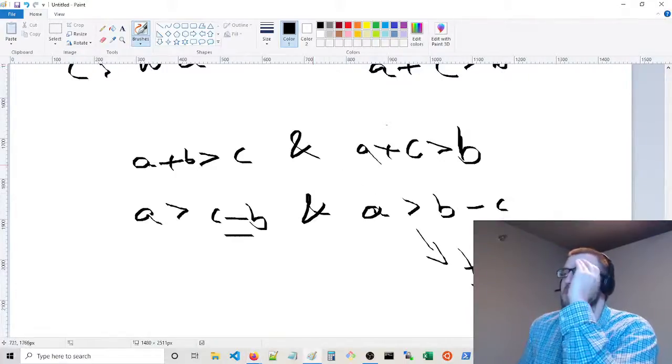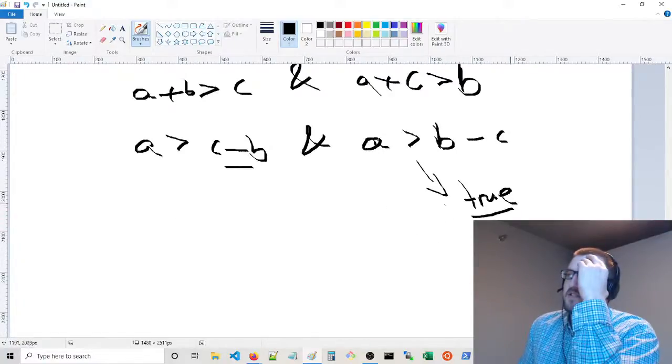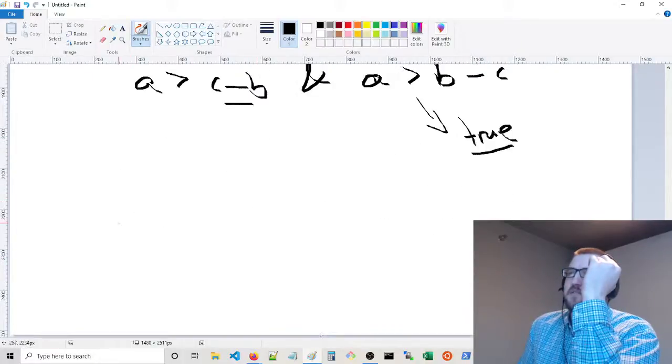If we make A less than or equal to B less than or equal to C, then A is non-zero and B is strictly less than. So this is just always true. So this part we don't actually need. This is really the only part that matters: A plus B is greater than C.